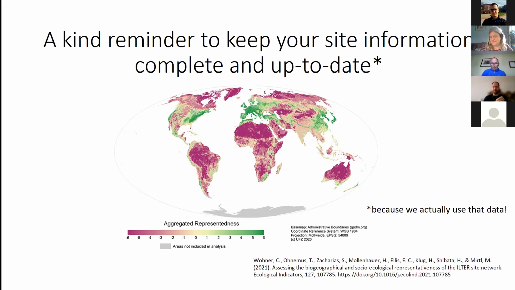I want you to be aware of the fact that every mistake and every small issue that you have in one of your site records will be duplicated, because people use DIMES for studies, not just us, not just the eLTER people, but our data is publicly available.